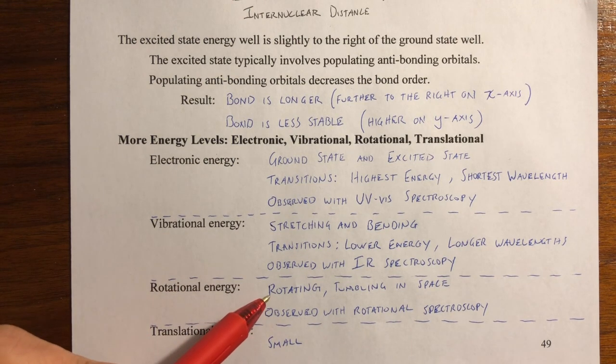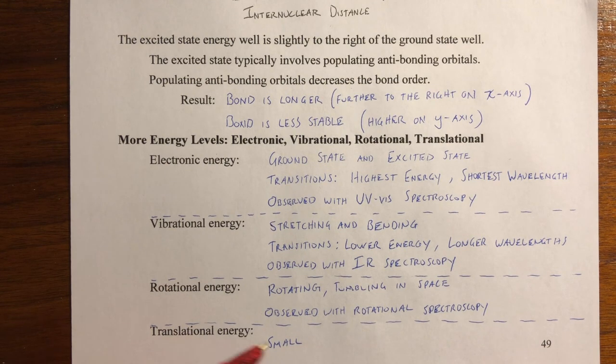This is the energy that occurs from molecules rotating and tumbling in space, and that is typically observed with rotational spectroscopy. And even smaller than rotational energy is translational energy. For us, we are just going to consider that to be very small.